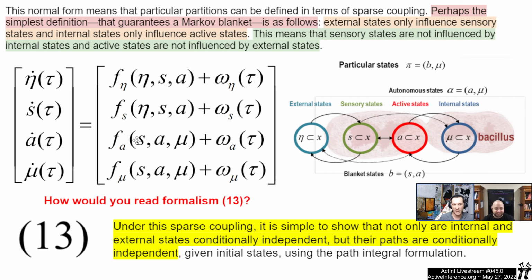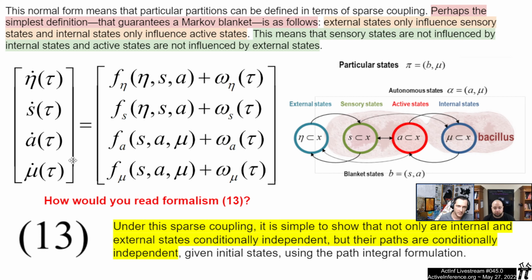Conversely, the autonomous states, the ones that we have more agency over, the odd one out, the dog that's not barking, is eta. So these autonomous states are flows on sense, action, blankets, and internal states.